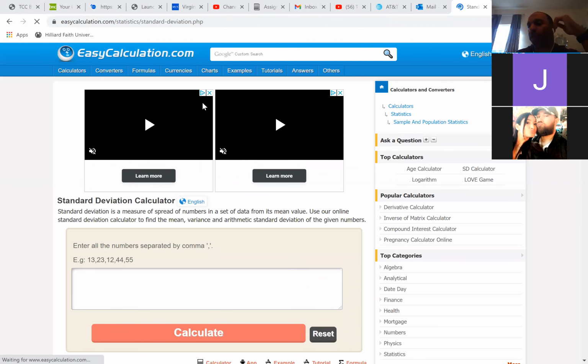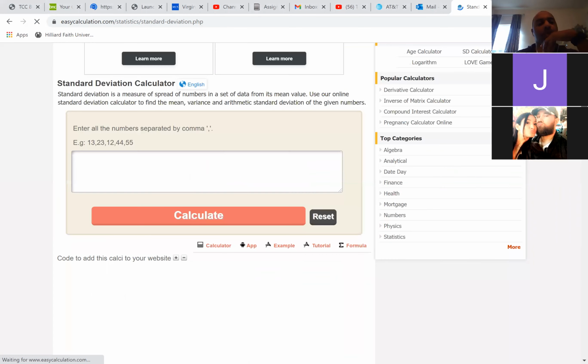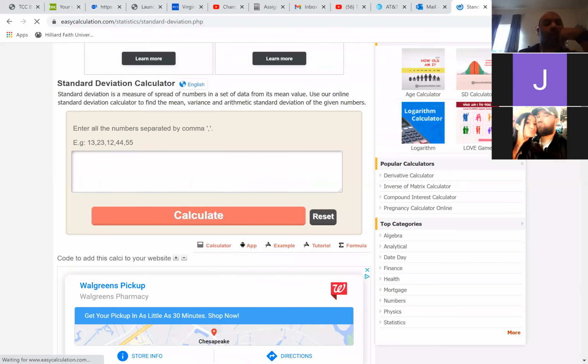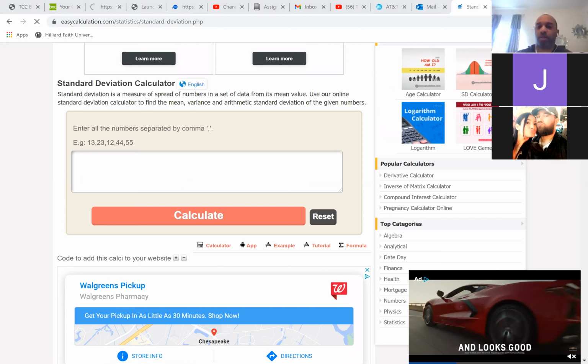And always pay attention to the directions. Each website or calculator will tell you to do something different. This one tells us to enter all numbers separated by commas. Some will say separated by space, some use semicolons, and so on. So the example I gave you to test is 62, 88, 77, 68.